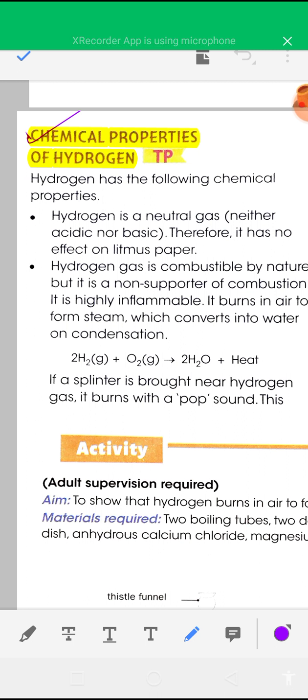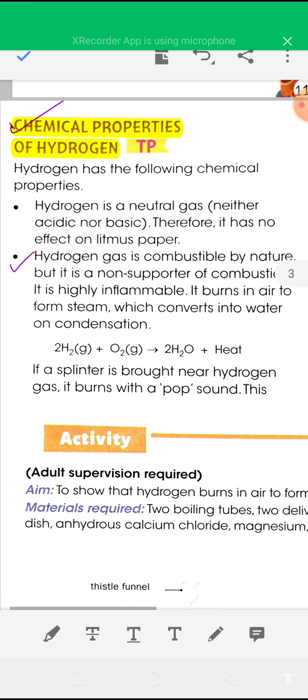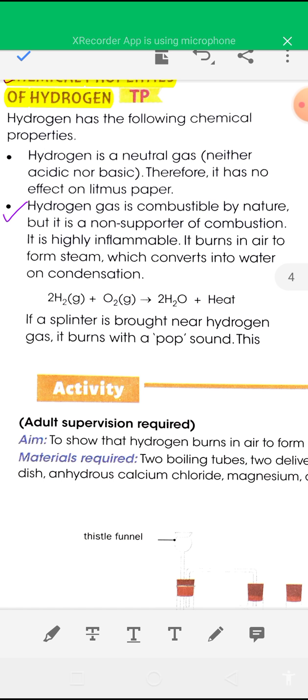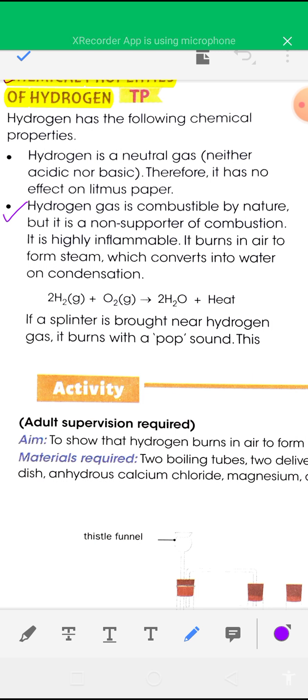Reaction of hydrogen with oxygen. Hydrogen gas is combustible by nature, but it is a non-supporter of combustion, and it is a highly inflammable gas.